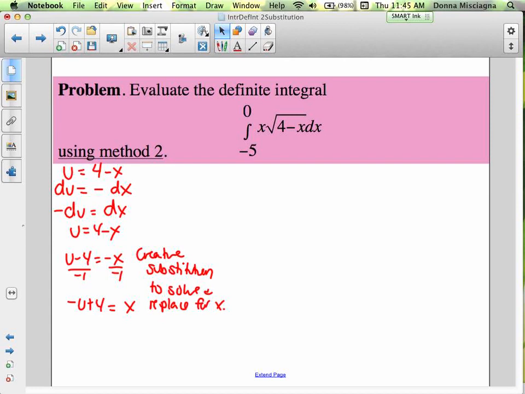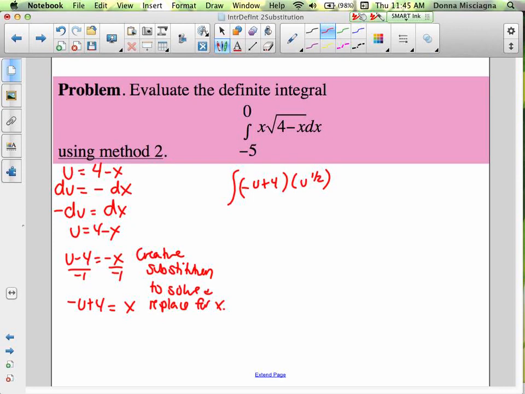And that's where we began with the last problem. So under the radical here, we would have the negative u plus 4 times u to the 1/2 power du. And we had the negative outside here because of the negative du.